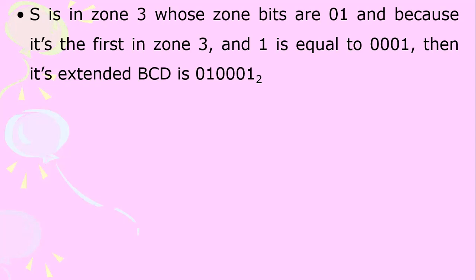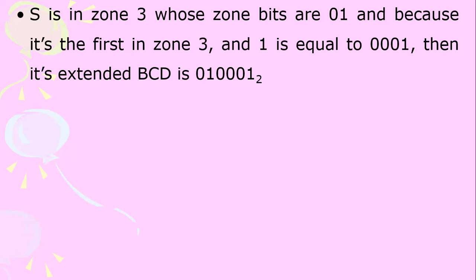And because it is the first in zone 3, and 1 is equal to 0, 0, 0, 1, its extended BCD starts with 0, 1, indicating the zone.